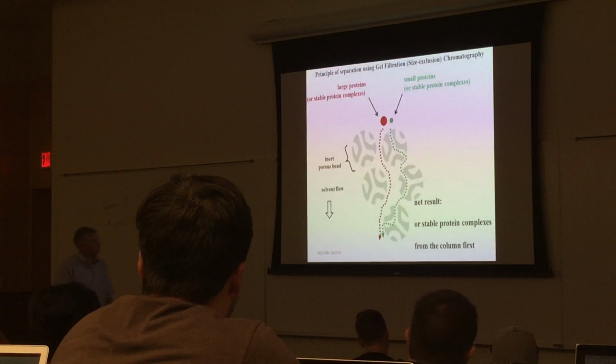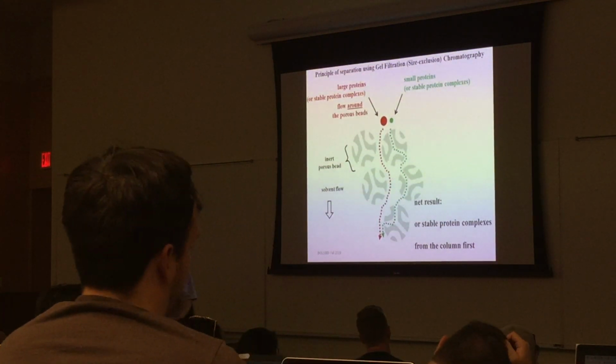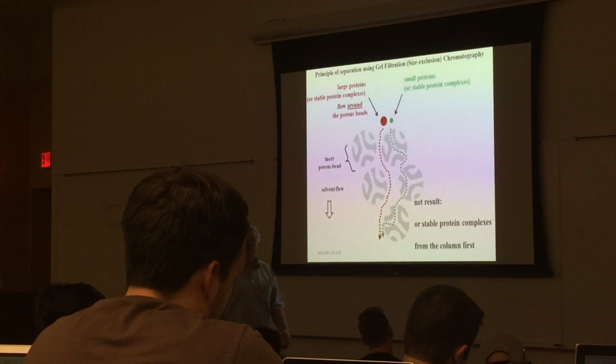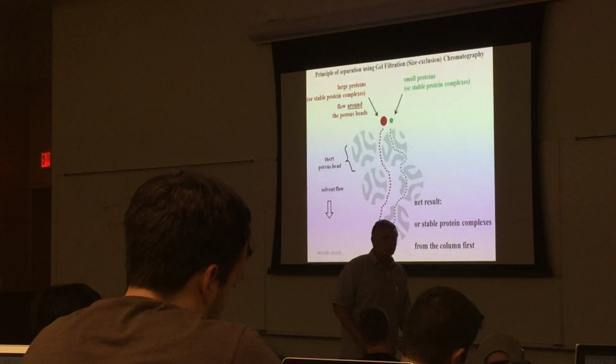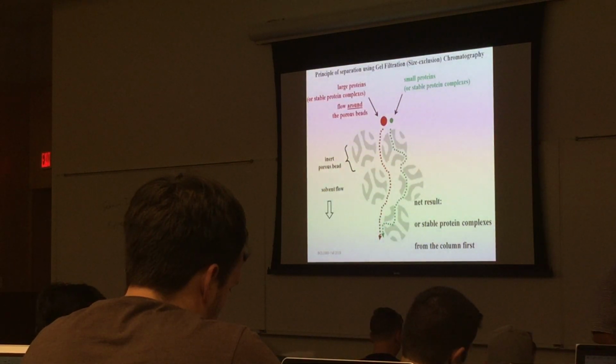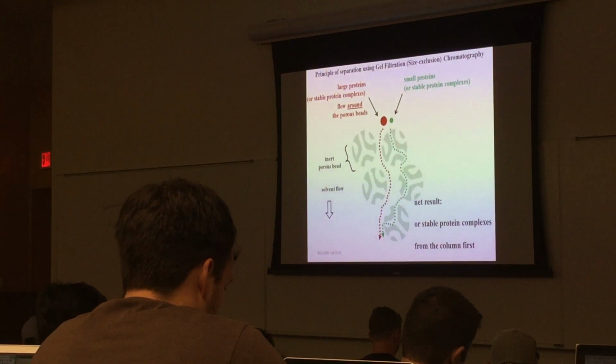So it turns out that these large molecules, these large proteins or protein complexes, flow around the porous beads because they're just so big. Their size is excluded from the pores. That's why we sometimes call this size exclusion chromatography. Larger molecules are excluded from the pore.